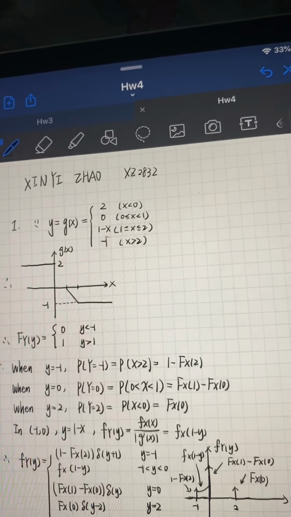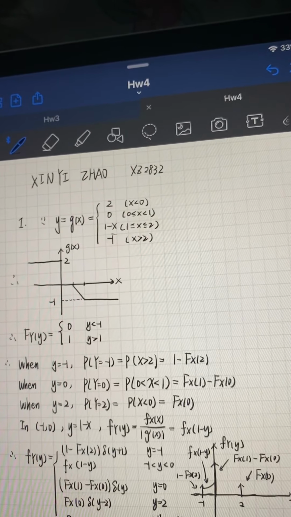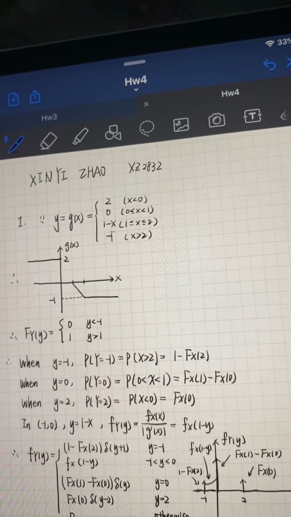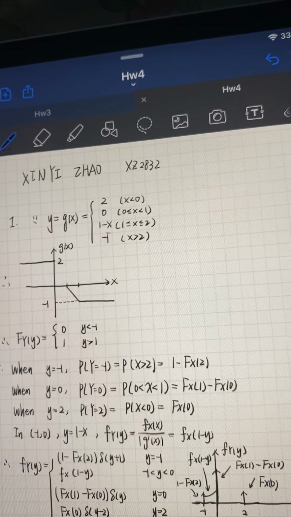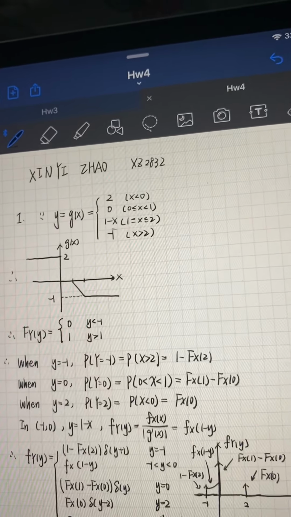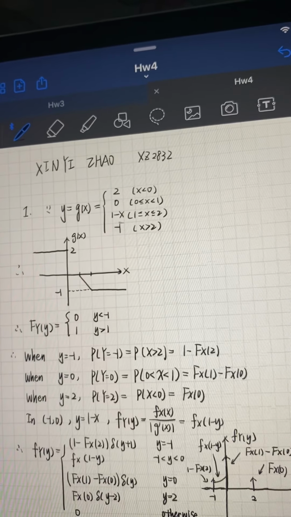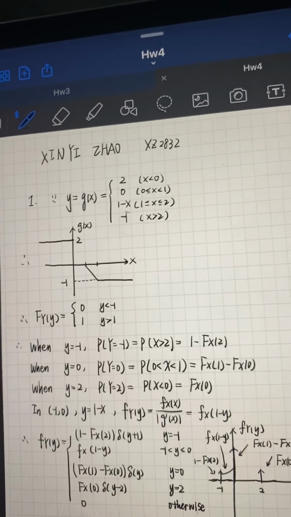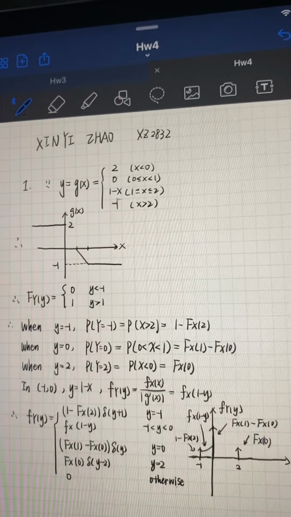Y equals 0 when x is between 1 and 2, y equals 1 minus x, and otherwise y equals minus 1. And we also know the lower fx itself.